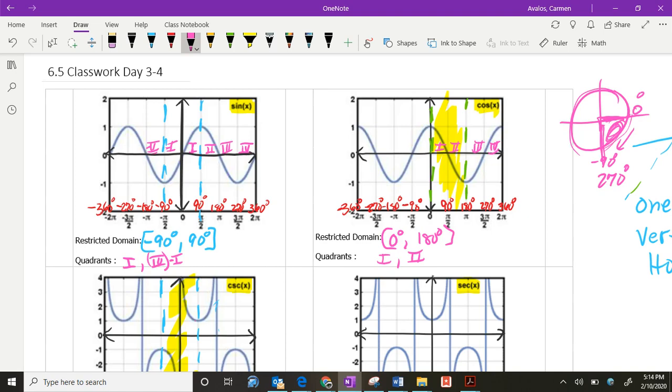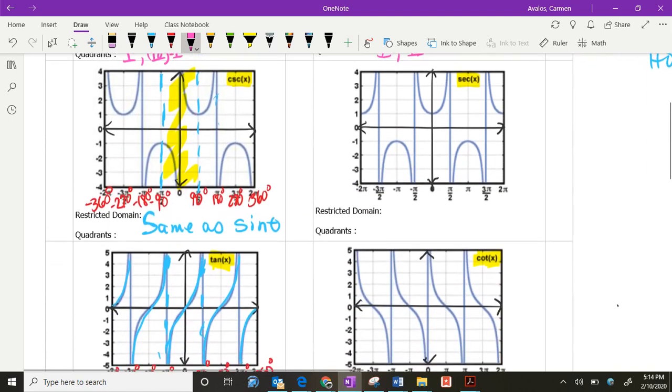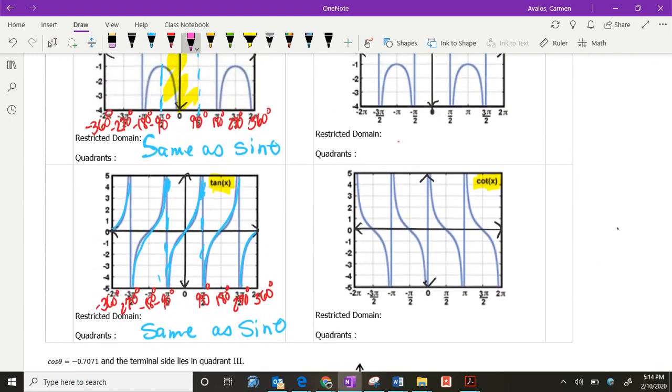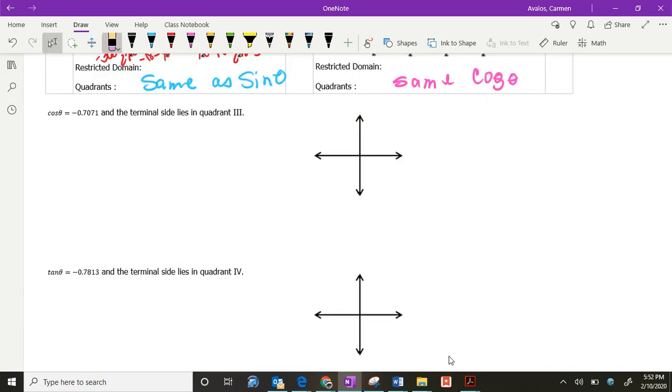And if cosine, then secant and also cotangent are going to be the same restrictions, same as cosine of theta. Very good.